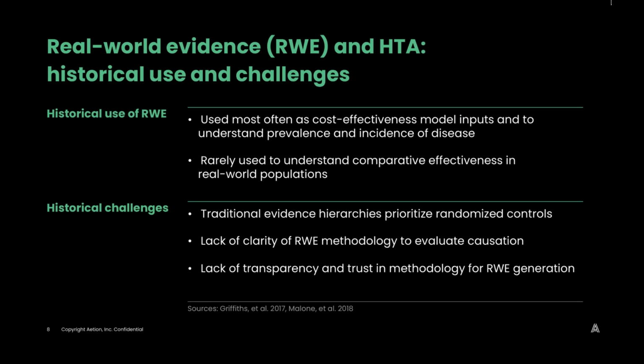We don't necessarily have clear guidance on acceptable methodology from evaluators. There has been a lack of transparency in how methodology has been created and how it links causation in ways in which data can be used and assessed for being fit for purpose.